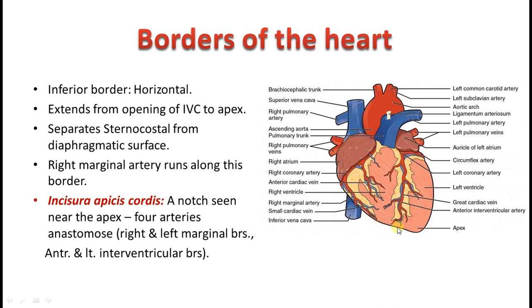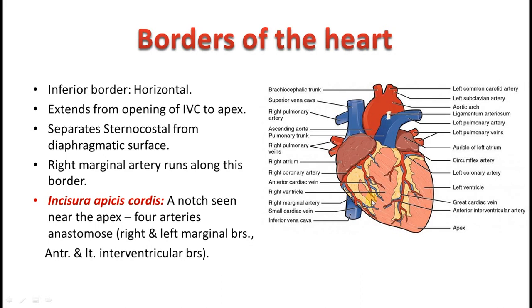It separates the sternocostal surface from the diaphragmatic surface.